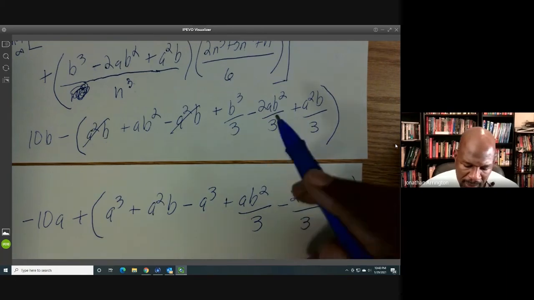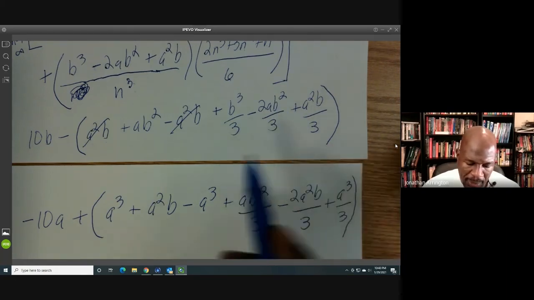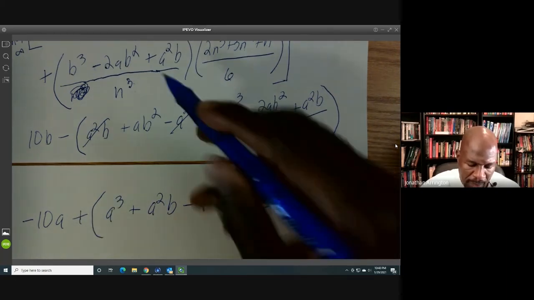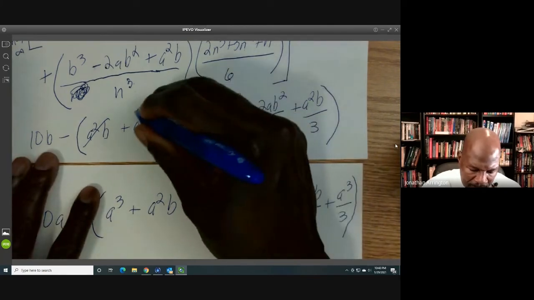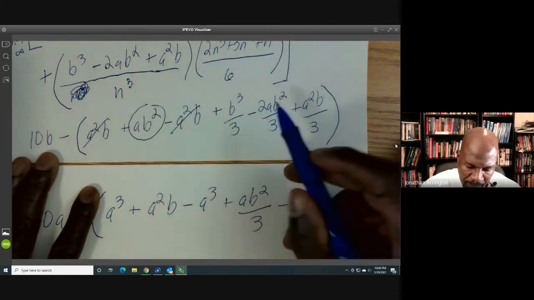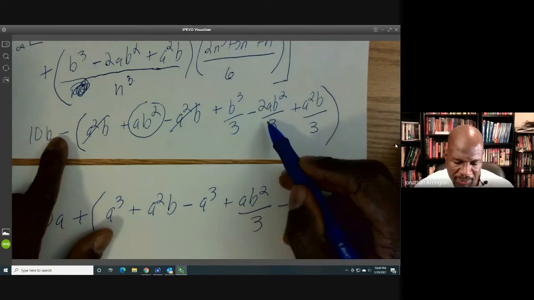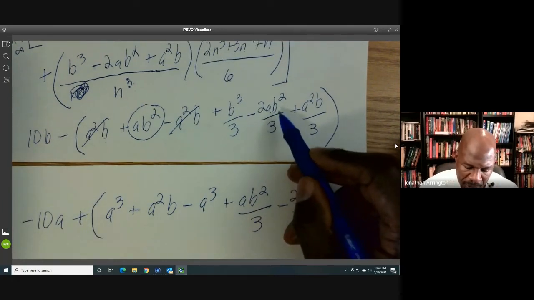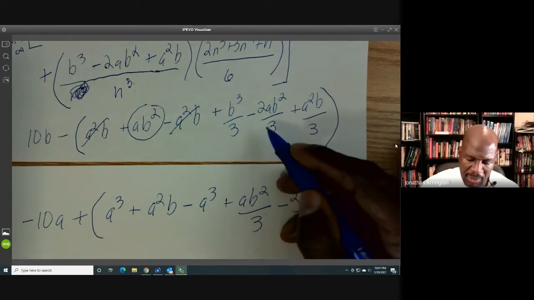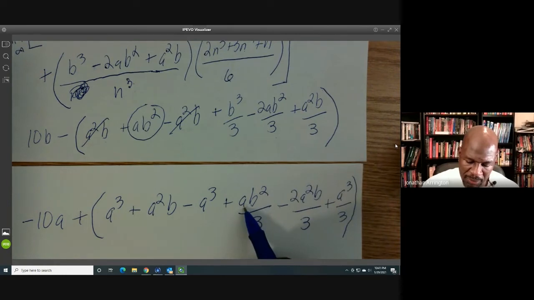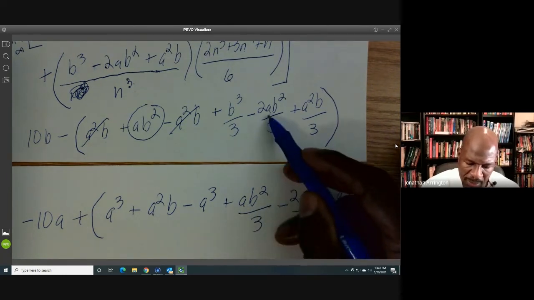And let's see. Okay, let's look at this. So I got a minus ab squared, right? And I also have a positive 2ab squared over 3 and another positive ab squared over 3. So positive 2ab squared.